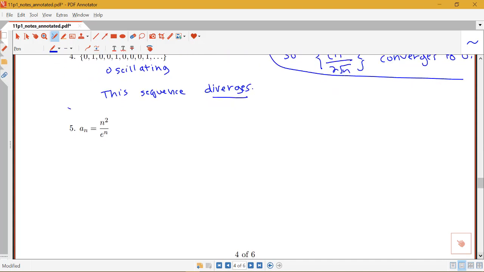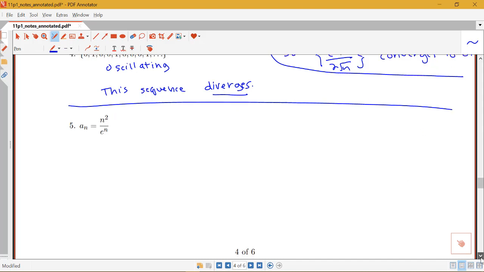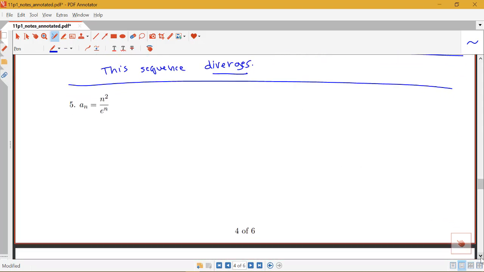So here's our last example. I have a_n equal to n squared over e to the n. To determine whether this converges or diverges, I'm going to have to deal with the limit as n goes to infinity of n squared over e to the n. This is going to use a new technique that we haven't seen so far.